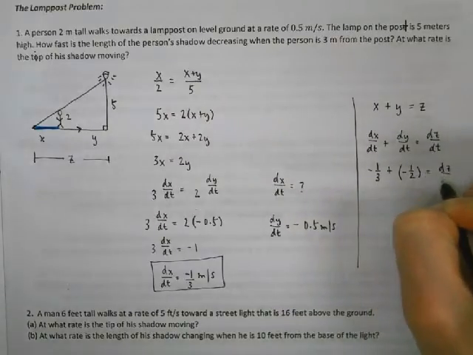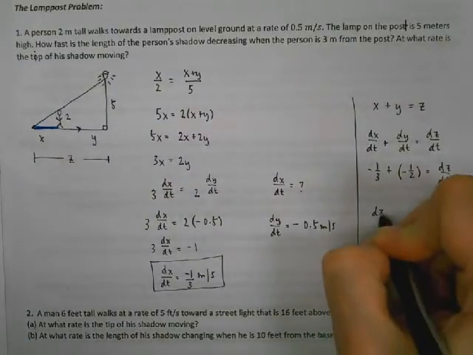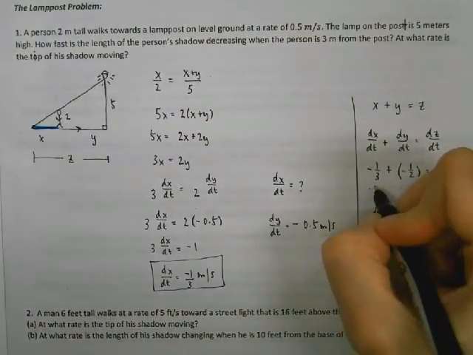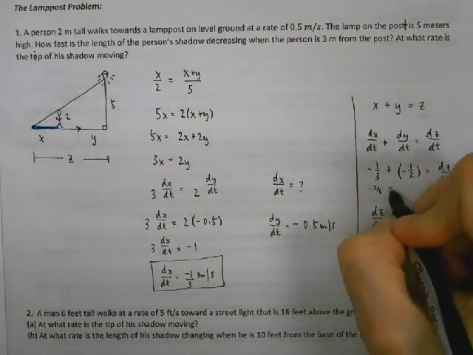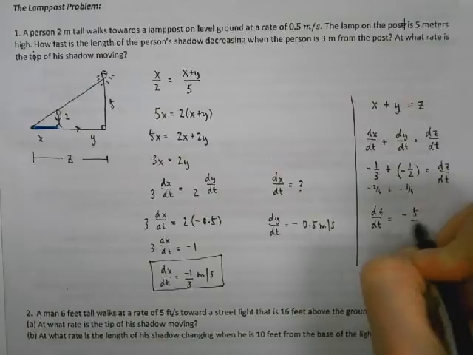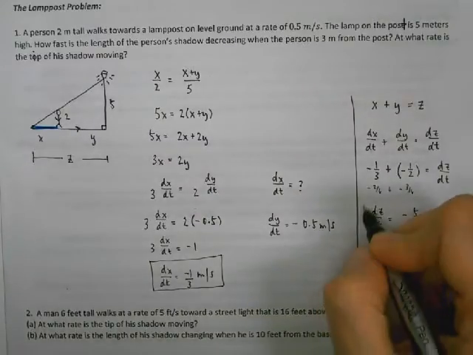And so adding those together is going to give me the rate at which the tip of his shadow is moving. So dz/dt equals, let's make this a common denominator, negative 2/6 plus negative 3/6, so negative 5/6 meters per second.